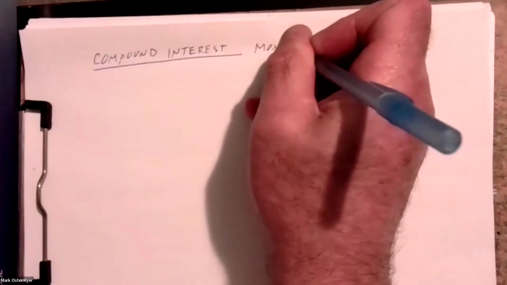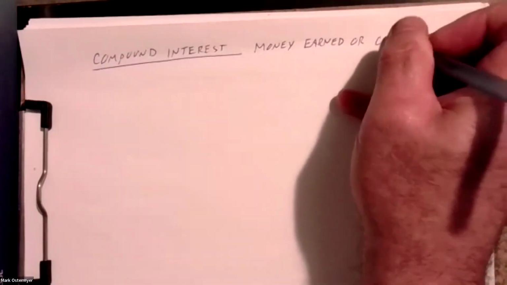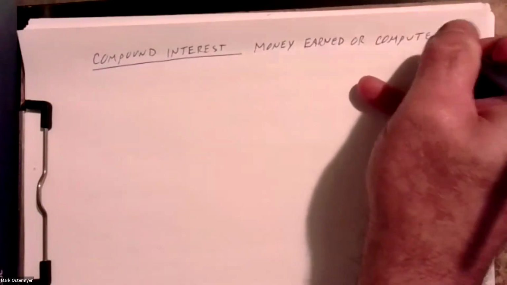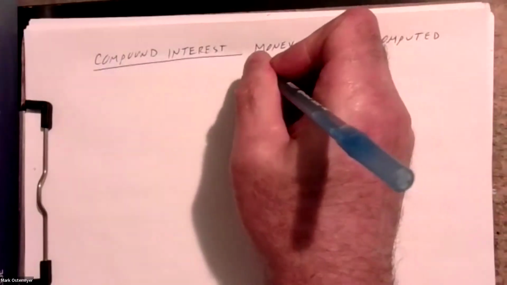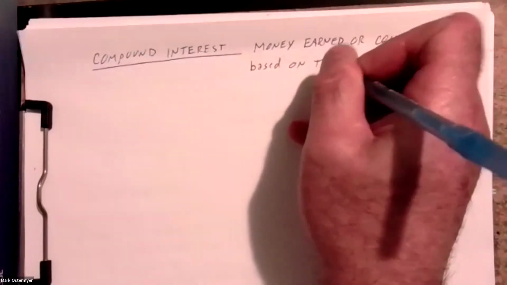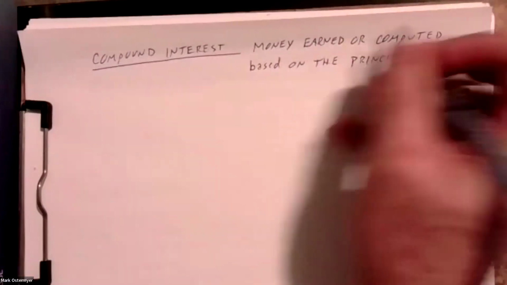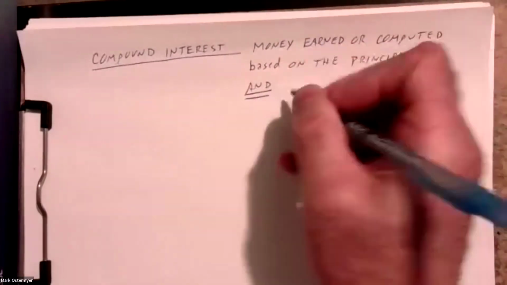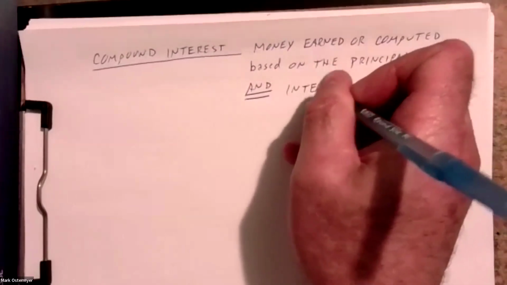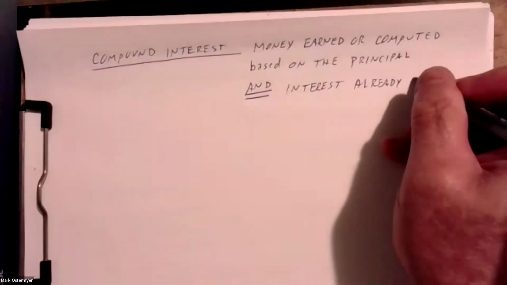So what is compound interest? It's money earned or computed based on the principal and interest already earned or computed.